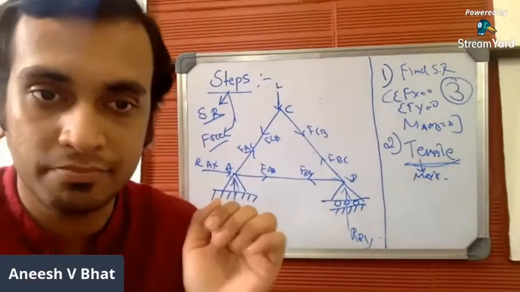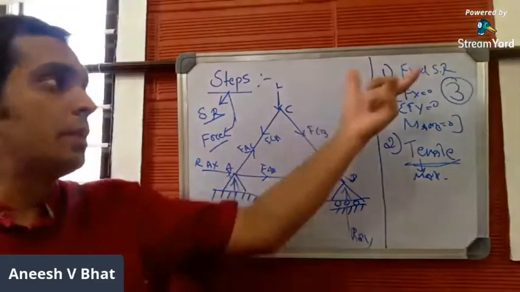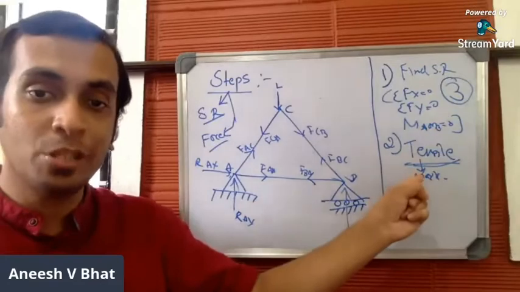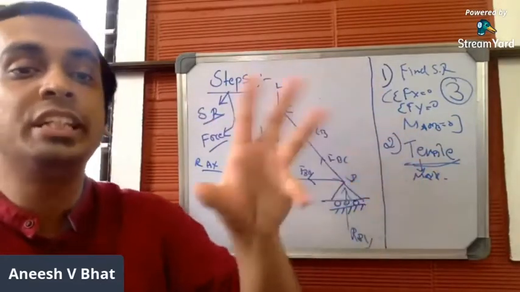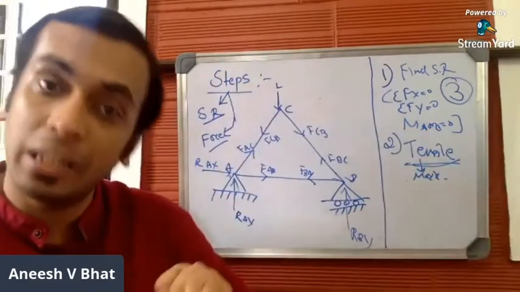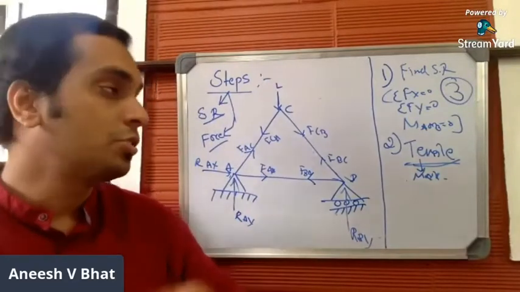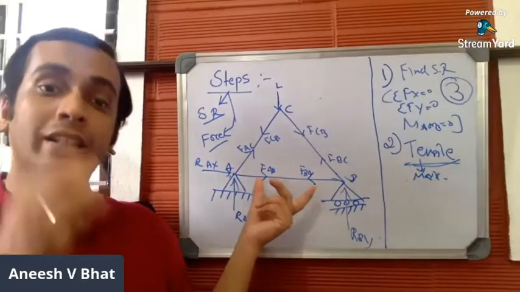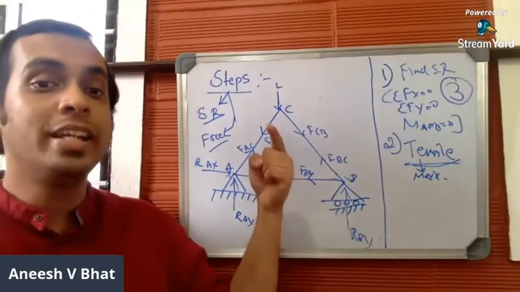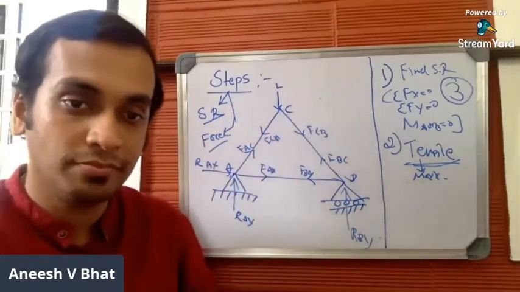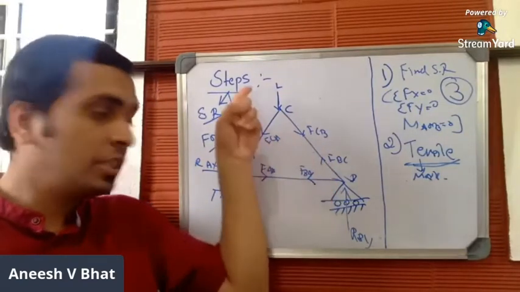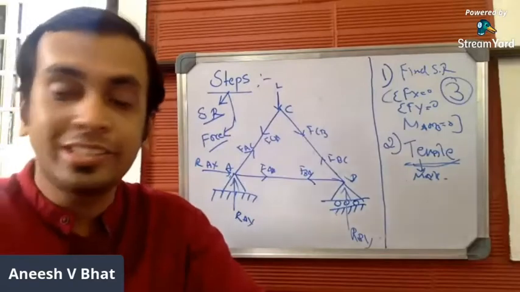So in step number one, you'll be finding the support reaction by applying the three conditions of equilibrium, and in step number two, you'll be assuming that all the straight members carry tensile load and marking them. Consider each straight member and mark the tensile force in such a way that it moves away from the joints. So this is all about step number two.